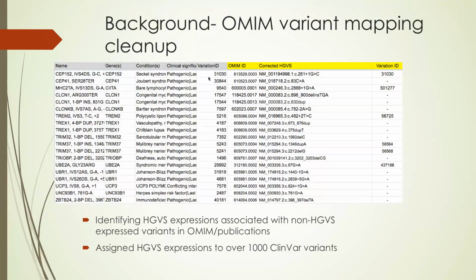And then we can use the variation ID and the information on the variant page to find the OMIM submission, which is linked to the paper that then describes the variant. And we can look at the paper as well as information surrounding the gene and genome browsers to elucidate an NM HGVS expression.